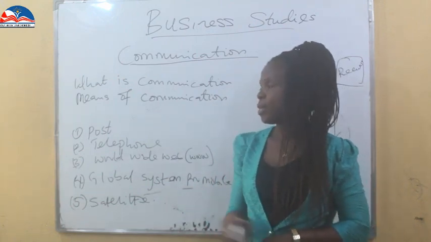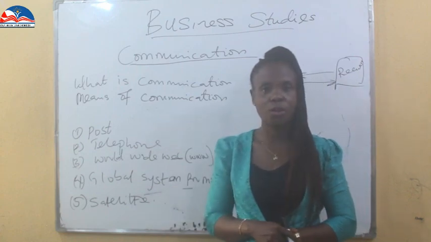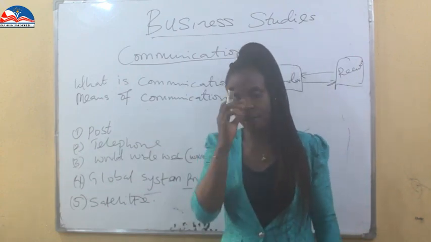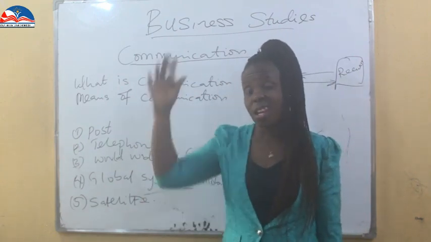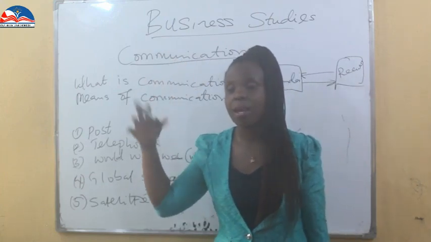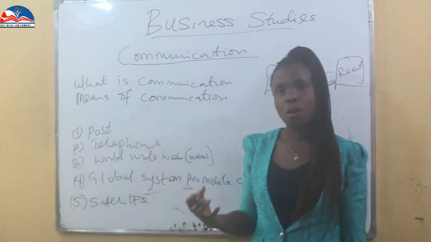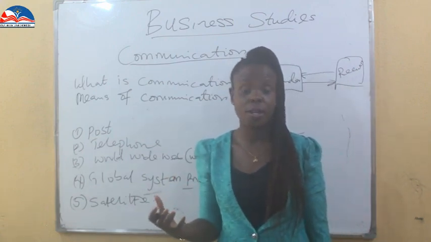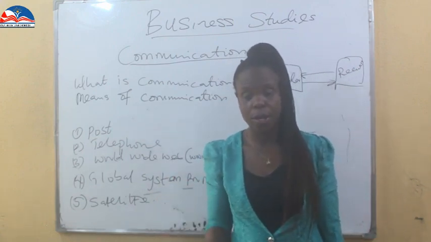So it's a means of communication where wires are laid and information is passed to the other person. In the era of Nitel, Post, those days, I don't know whether they still exist, but some people still use wired form of telephone to communicate.